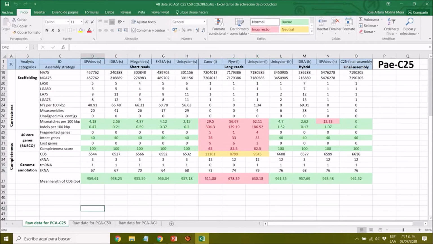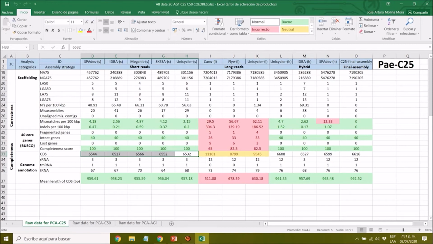Finally, we compared genome annotation results for all the assemblers, and in particular for long reads-only approaches, we were able to identify that coding sequences were 1.5 times the values for short reads-only and hybrid approaches, as we can see here.